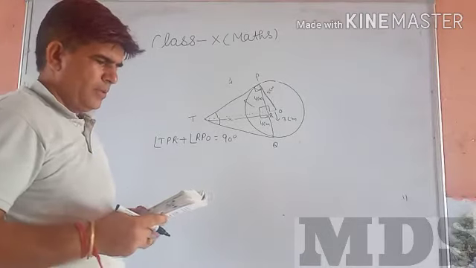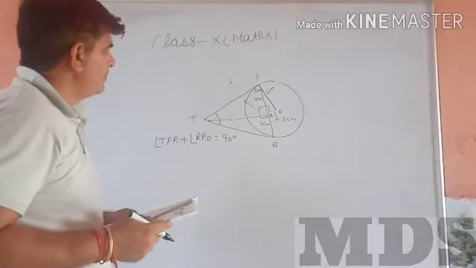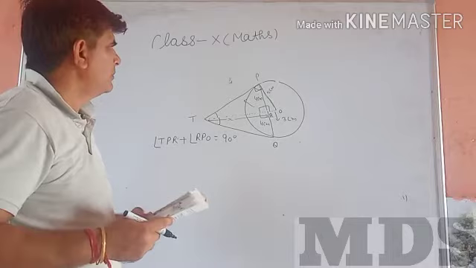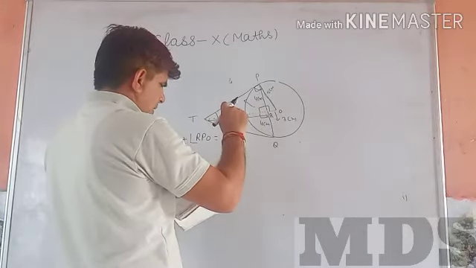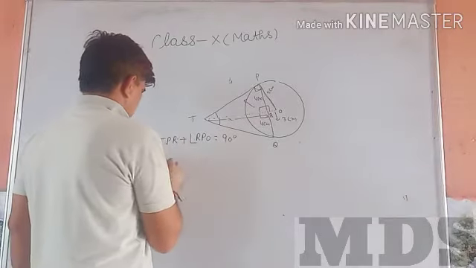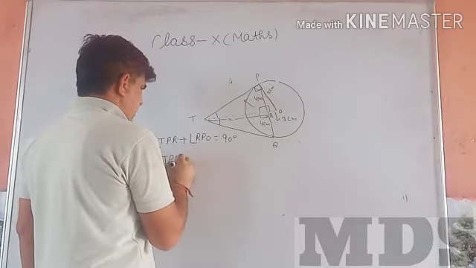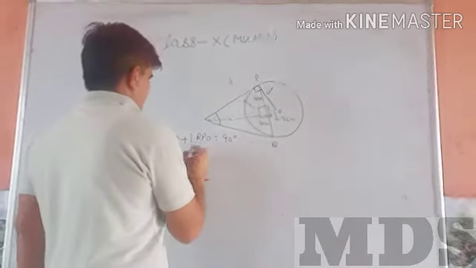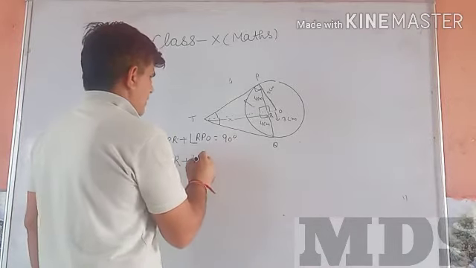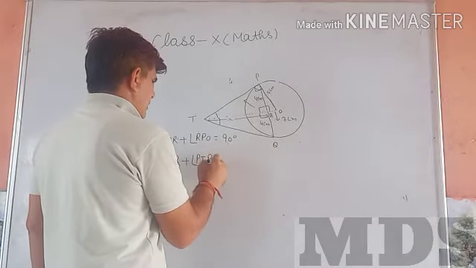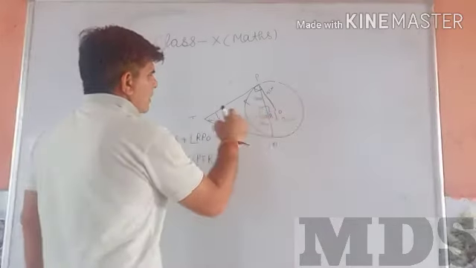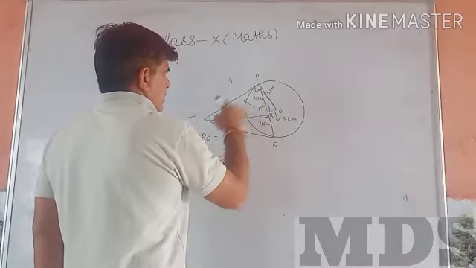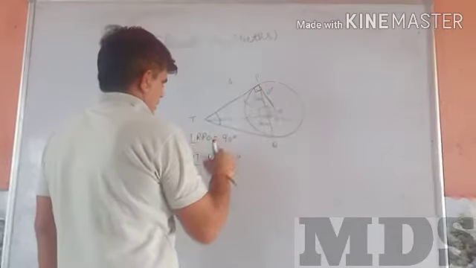Angle TPR plus angle RPO is 90 degrees. Angle TPR plus angle PTR is also 90 degrees. Why? This is 90, so the sum of this plus this is 90, and this plus this is 90.